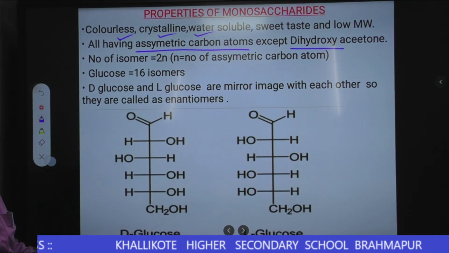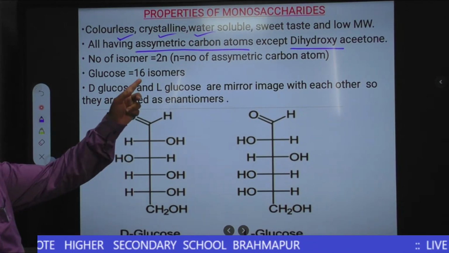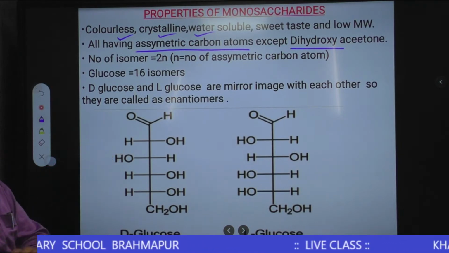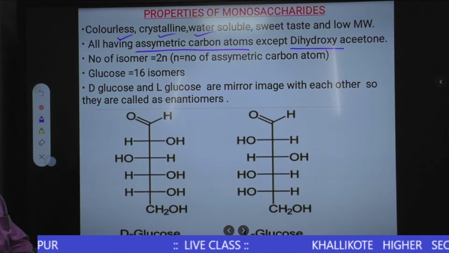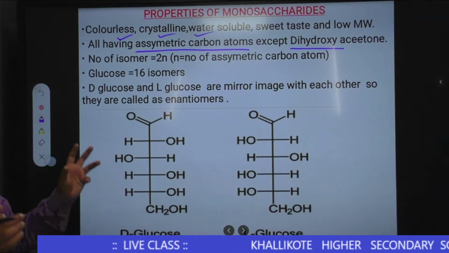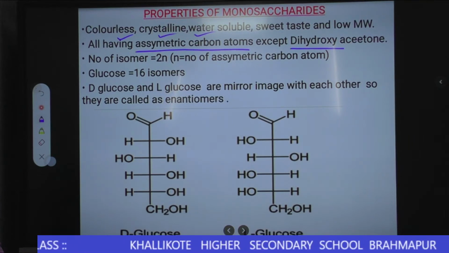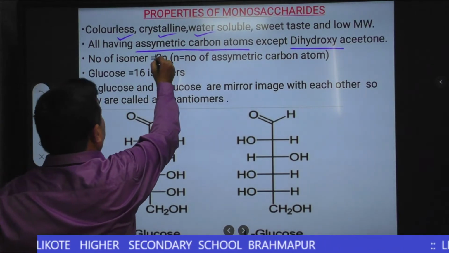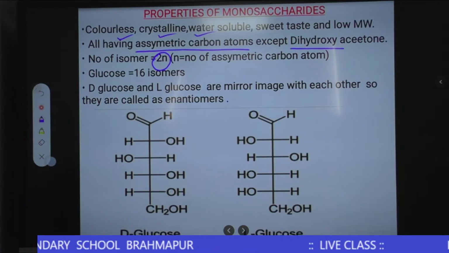It is a triose sugar which has no asymmetric carbon atom. But according to the number of asymmetric carbon atoms, the number of isomers can be found by the formula 2 to the power n, where n is the number of asymmetric carbon atoms.